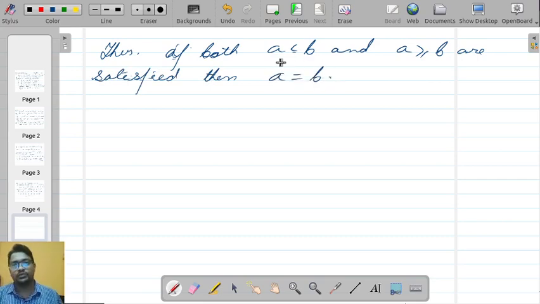Right, because only one of them is true, it cannot be A strictly less than B. Because in that case both would be true, no?